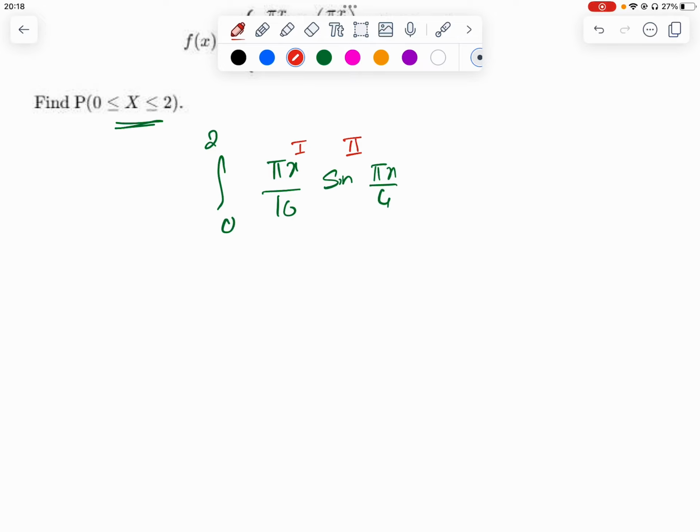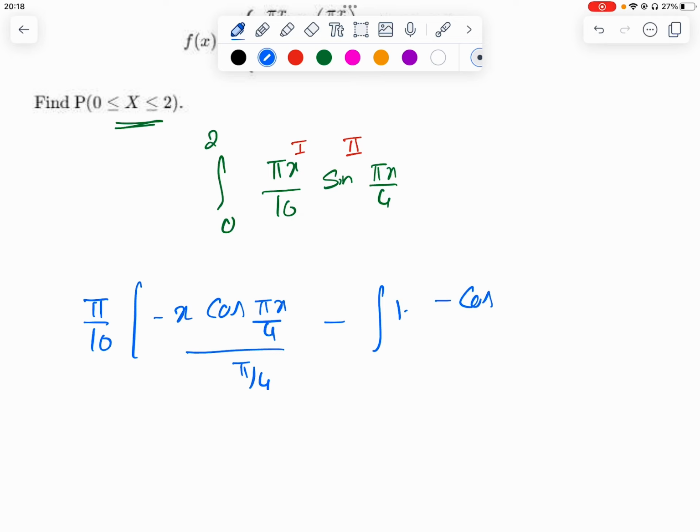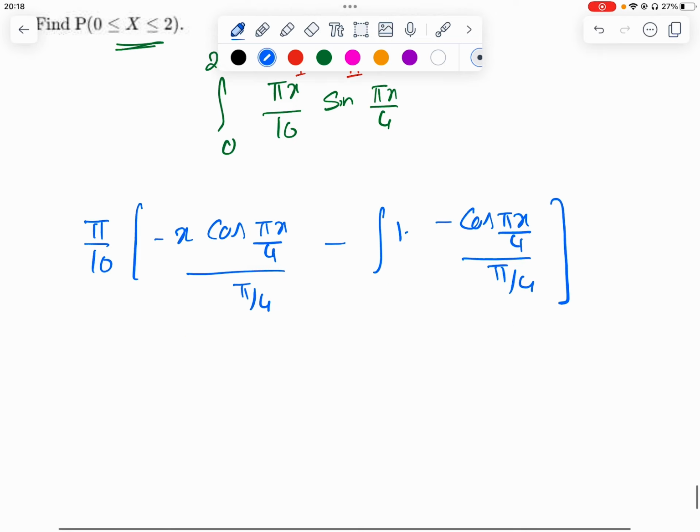So pi upon 16 times: first function, integral of second function is nothing but negative cosine of pi x upon 4 divided by pi by 4, minus integral of derivative of first function, which is 1, times again negative cos of pi x upon 4 divided by pi by 4. Later I'll apply the limits.